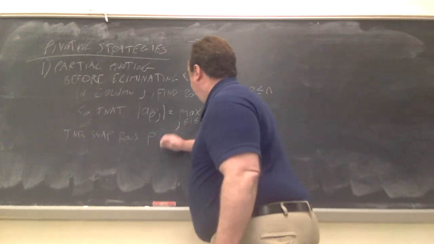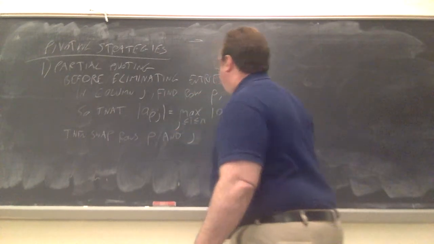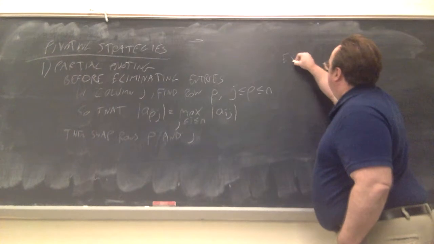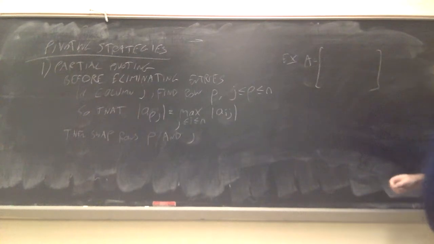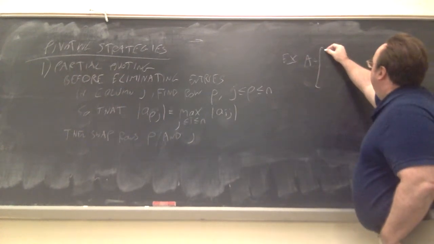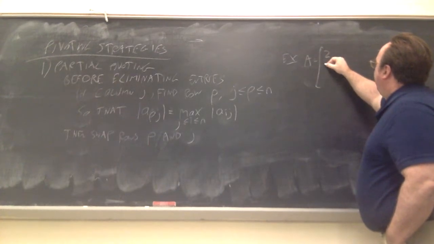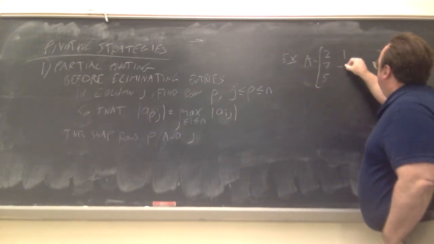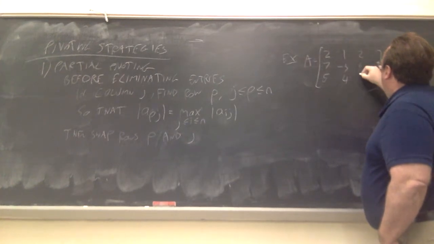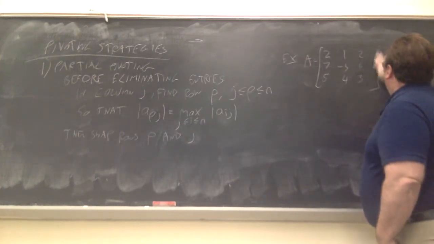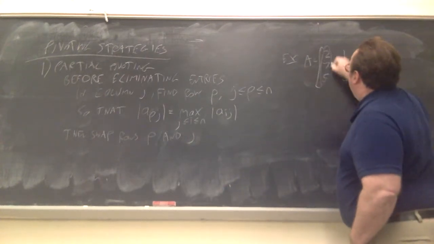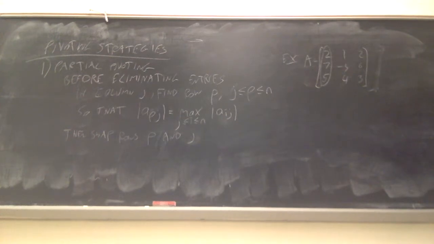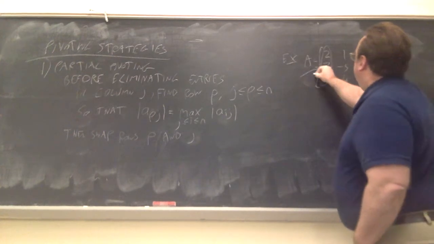Actually, I'll just write that out. Rows P and J. So I'll make up an example. Okay, so before you start eliminating entries in the first column, you're going to look at the entire first column, and find the entry that's the largest, and that's the 7.